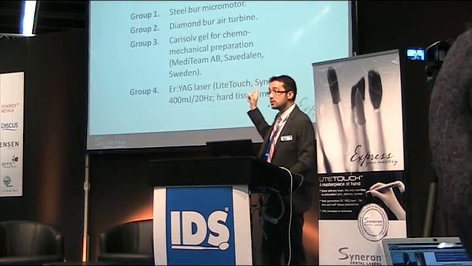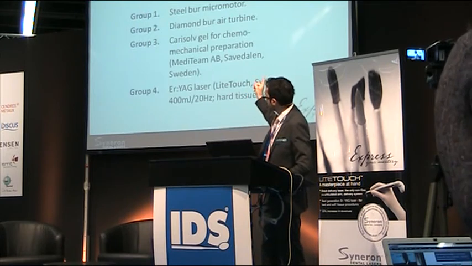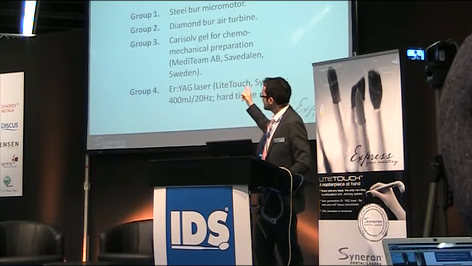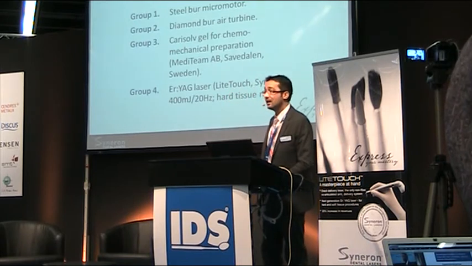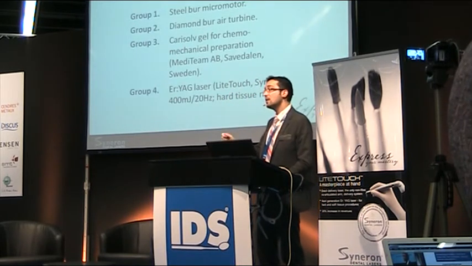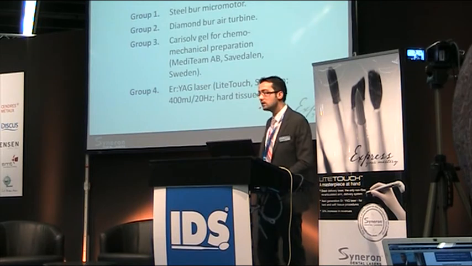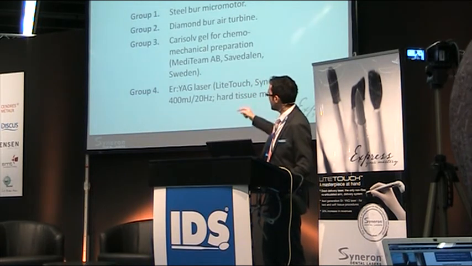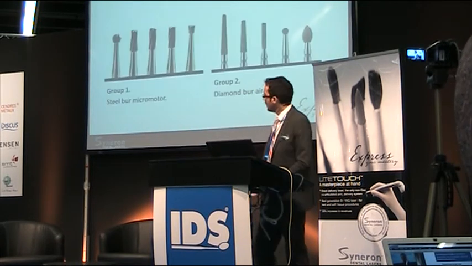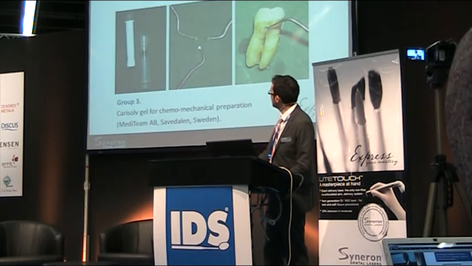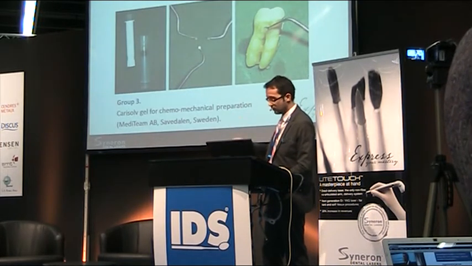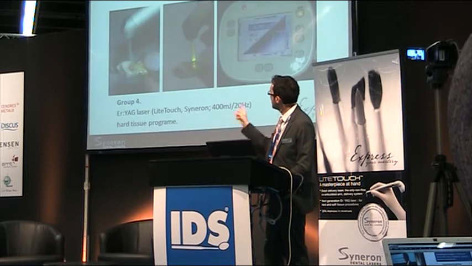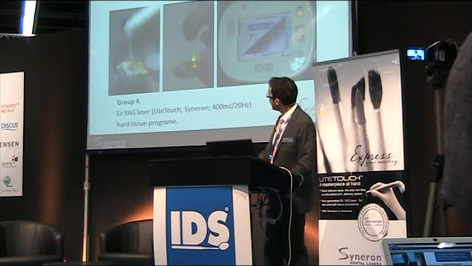We also use steel burs, diamond burs and air turbine. In group 3 we use Carisolv gel. You know Carisolv gel, it's a gel for chemomechanical preparation of caries. And the 4th group was ergonomic laser. These are the groups treated. This is the Carisolv gel for chemomechanical preparation, and the laser hard tissue program.